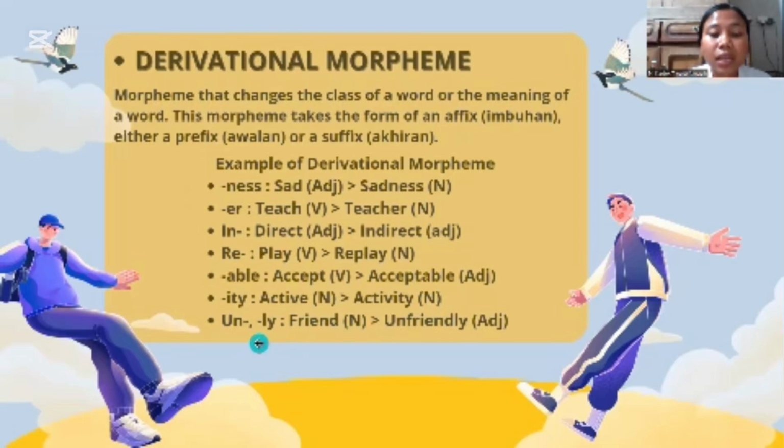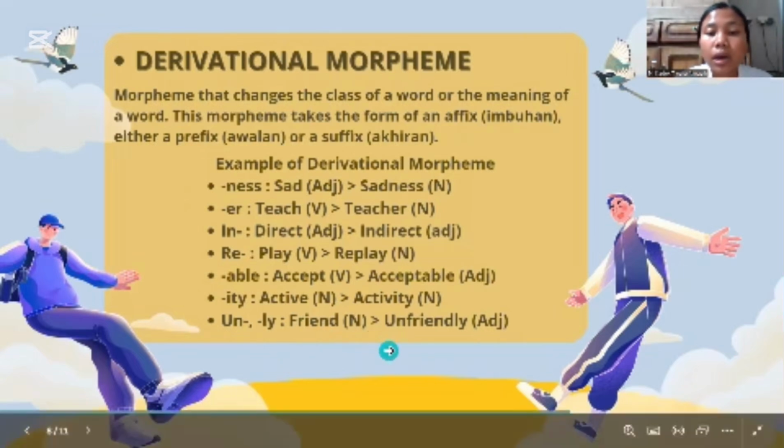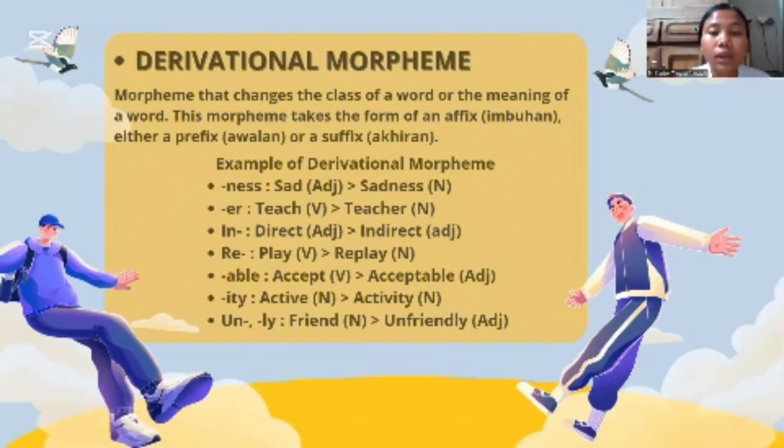And then this one has two, a prefix un and a suffix ly, from the base word friend, a noun, changing into unfriendly, an adjective. All right, that's about the derivational morpheme.